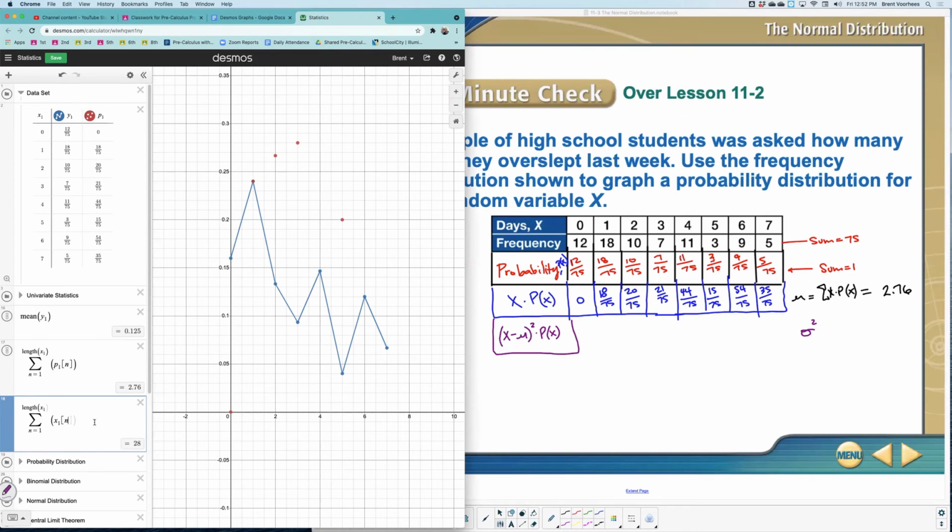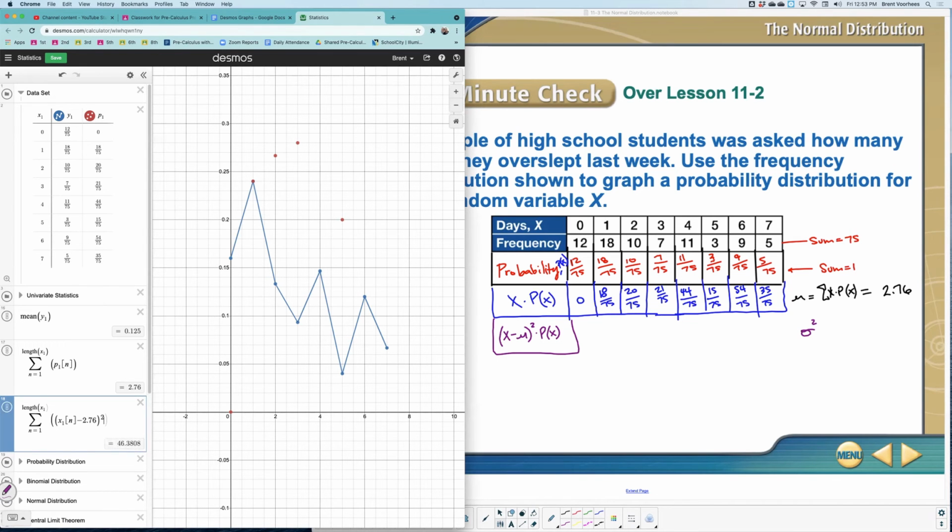What I'm going to do is take that value, and I need to subtract it from the mean, which we got to be 2.76. So each value minus, oops, I put 2.76. There we go. And now we need to square this.